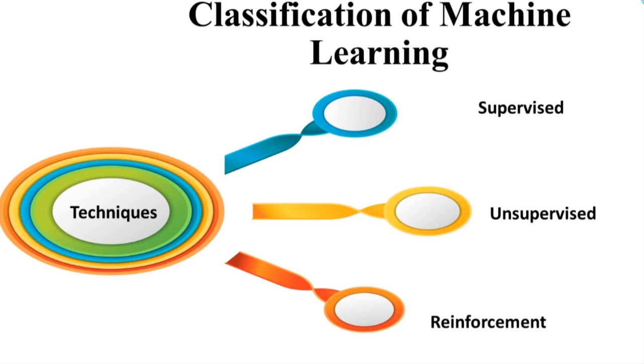Supervised learning. Supervised learning is a type of machine learning method in which we provide sample labeled data to the machine learning system in order to train it, and on that basis it predicts the output.